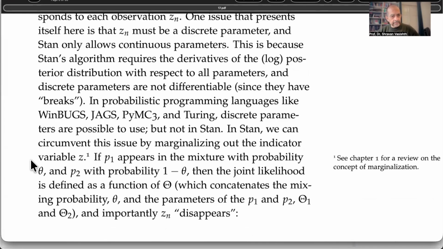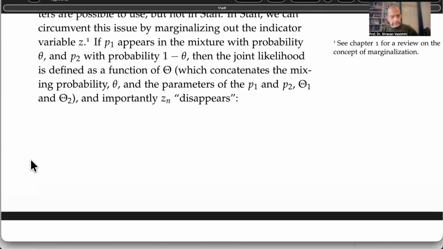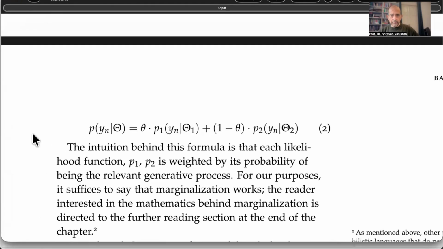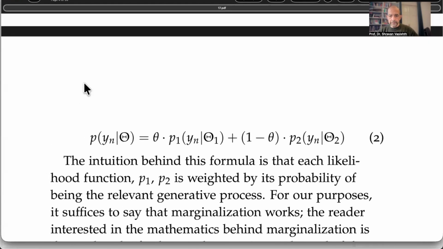In any case, what we're going to do is marginalize out the discrete parameter. And this is an alternative way to write the mixture process. Theta is the probability of getting data from this distribution, and 1 minus theta is the probability of getting data from this distribution.